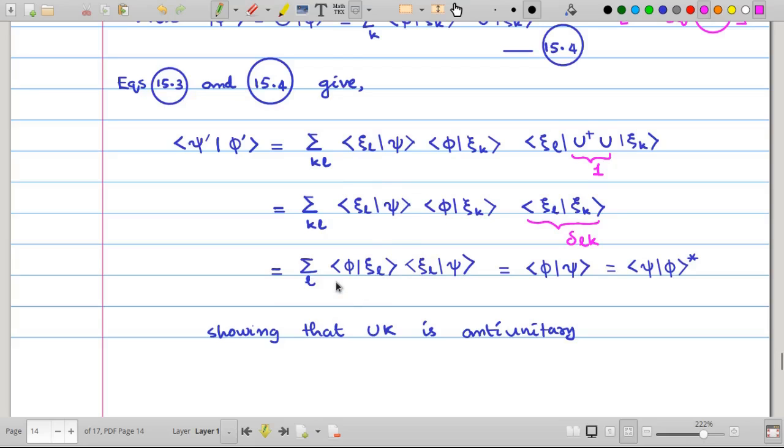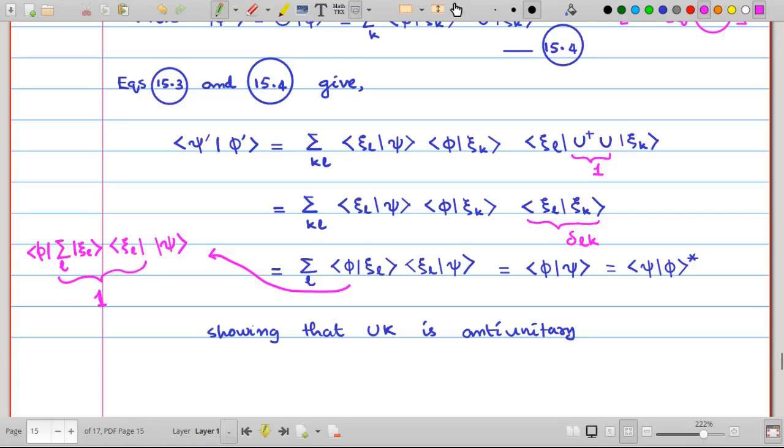But then this can also be written the following way. This is simply phi, then sum over L, ket CL, then bra CL, then ket psi.